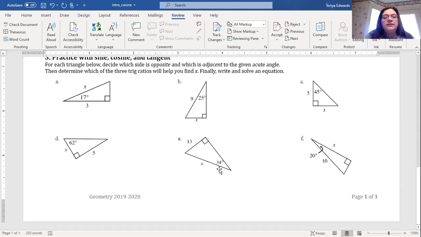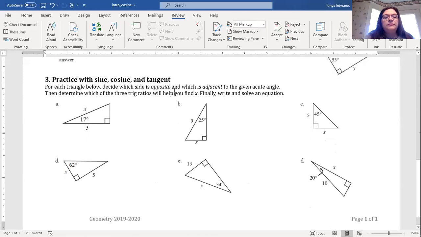And then there's a series of 6 problems. Decide which side is opposite, which is adjacent to the given angle, and then determine which of the 3 trig ratios you would have to use. Is it tangent, sine, or cosine? And then solve that problem.